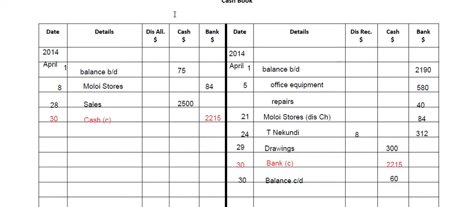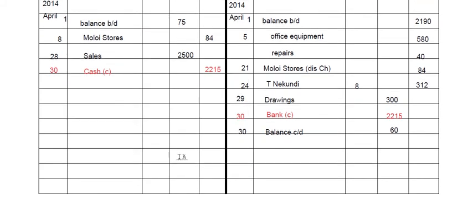So cash is adding up, so we can write the totals now. Leave a box blank, go down and enter the total here, and on the other side we'll also enter the total, and we'll make it a little bigger so that it pops out at you that this is the total.